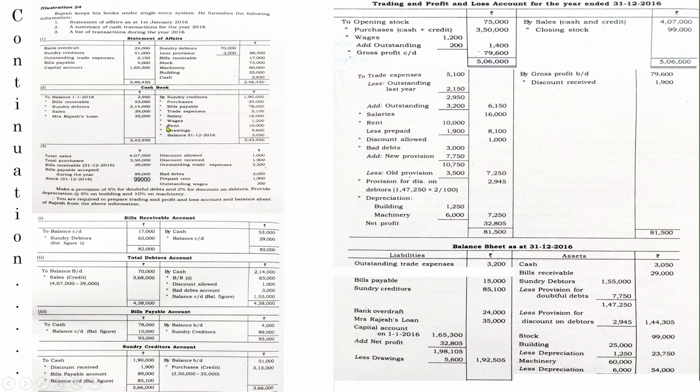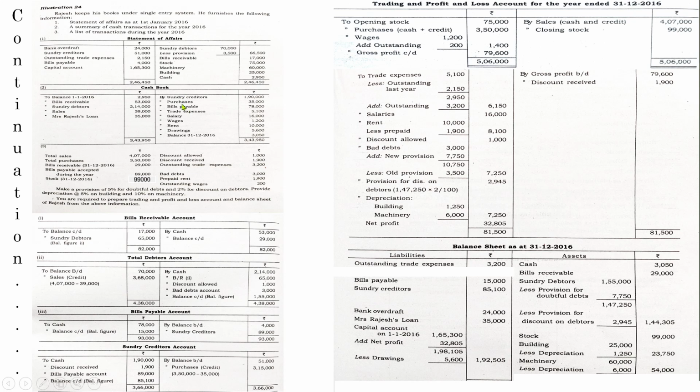But you have to go through each individual item, because this type of item will be there in between this information. So you need to identify that. So Mrs. Rajesh loan, we can't say that it is hidden information. It is directly given in this account, but no other information with regard to Mrs. Rajesh loan is mentioned here. So it is a sort of hidden information.